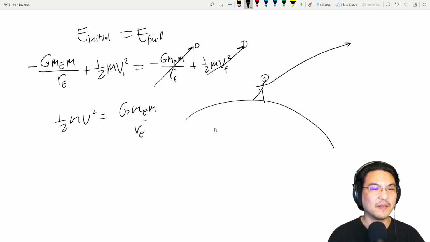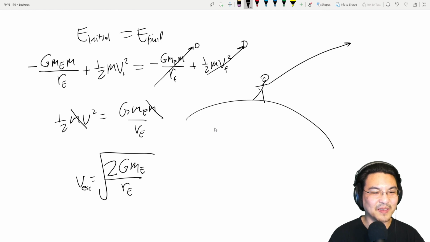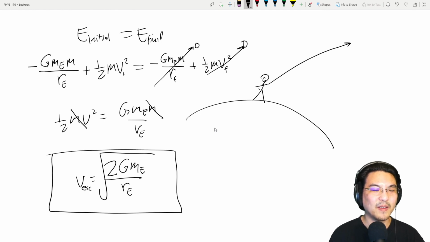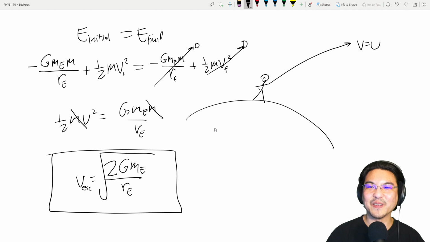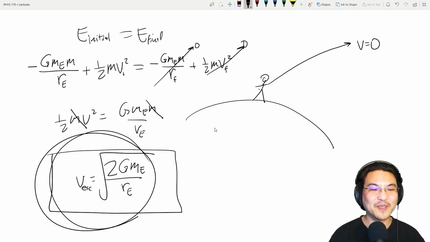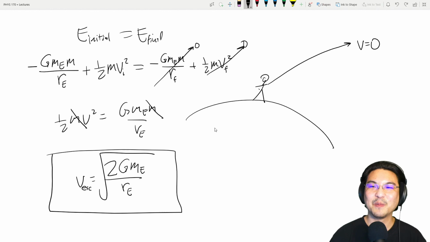Okay, and then this can cancel this, move the 2 over to that side, and square root. Okay, so I'll label this escape velocity. So you have to throw something at least this fast to escape Earth's gravitational potential energy. And then infinitely far away, it'll have zero velocity. If you throw it faster than this, then it'll escape, plus it'll have a little bit of extra, positive velocity.